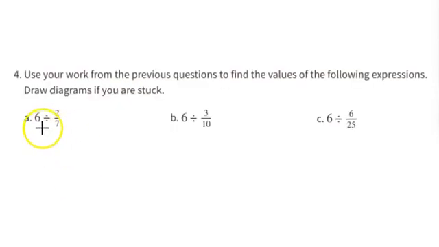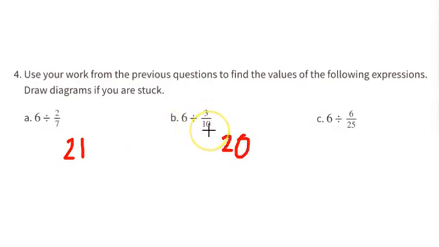So what do you get if you take 6 divided by 2/7? Well, 6 times 7 gets you 42, divided by 2 gets you 21. 6 divided by 3/10? 20, right?